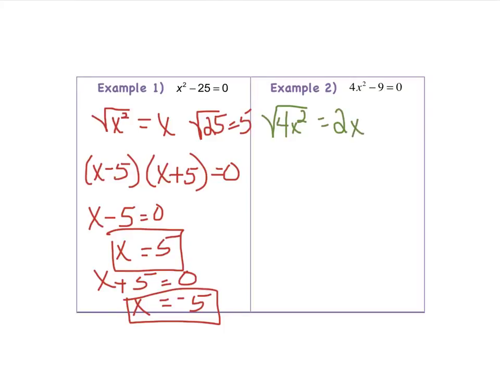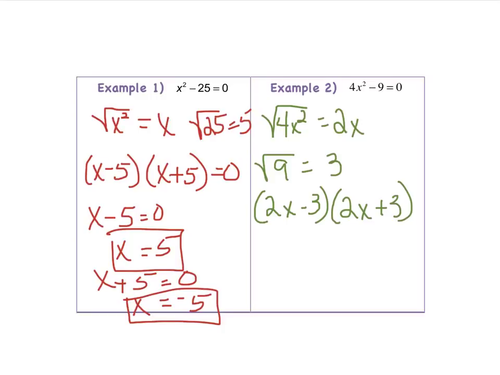And then we take the square root of 9, which is equal to 3. So now we're ready to write it in factored form. We will have 2x minus 3 in the first set of parentheses, and 2x plus 3 in the second set of parentheses. Now we can set each binomial equal to 0 and solve for x.